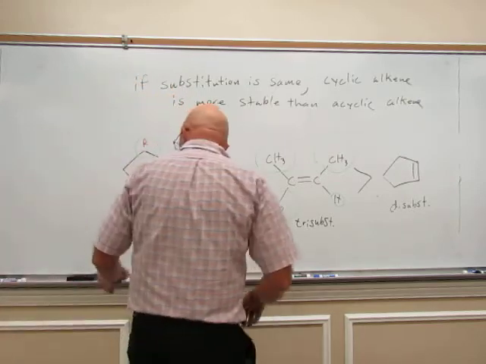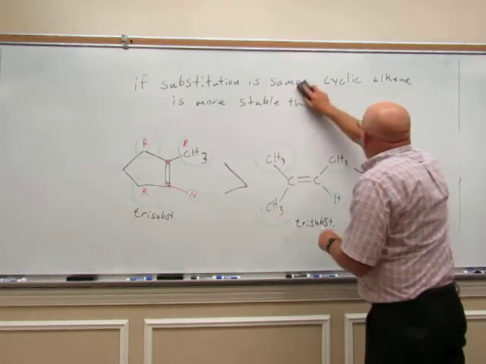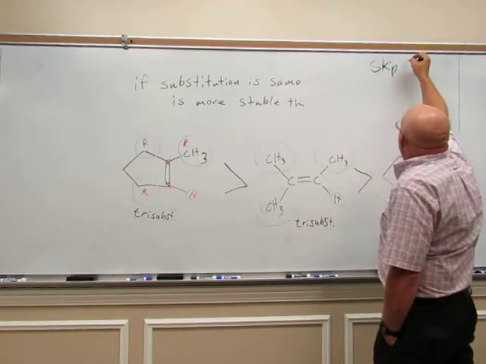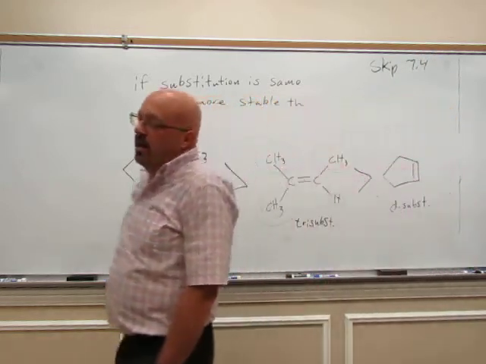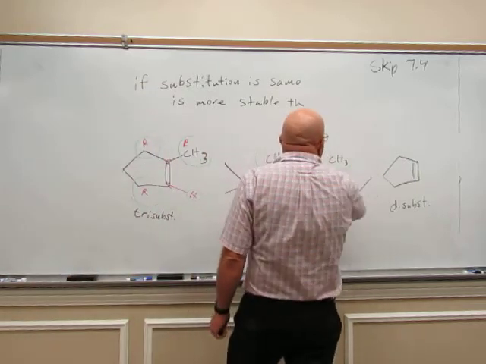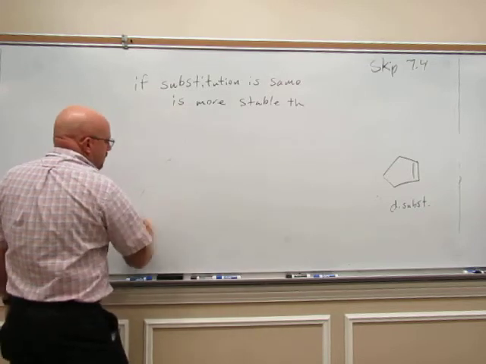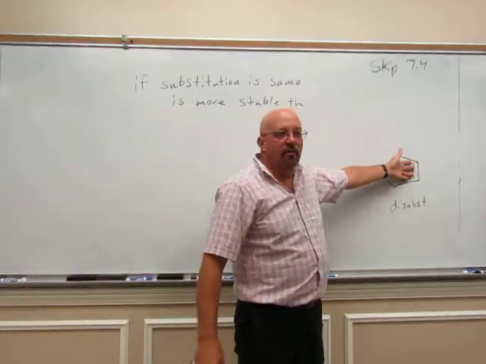Okay, we're going to skip a couple sections here. We're going to skip section 4. Section 4, all it's stating is that it's looking at cyclic alkenes, and all it says is that when you have a double bond in a ring, all of these are always cis.